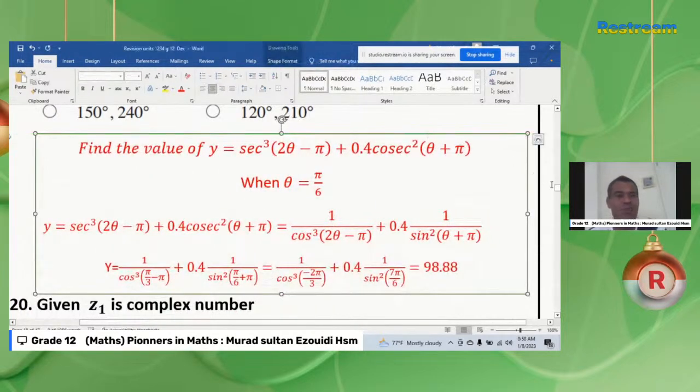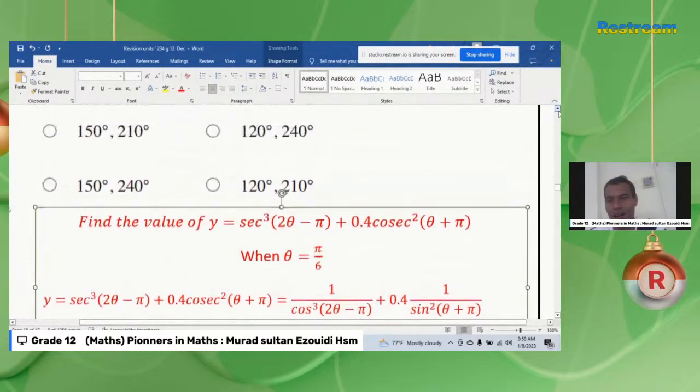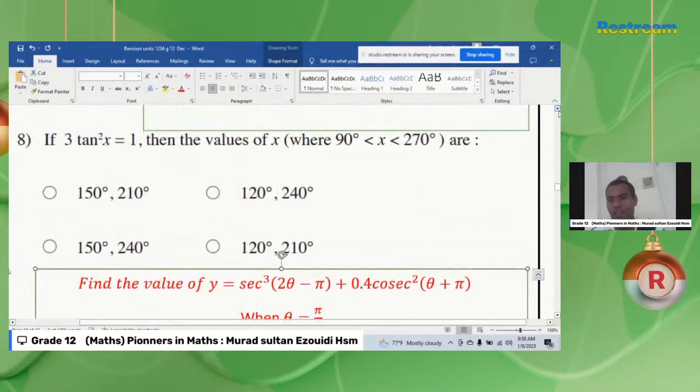This equation, learners, you can see it here, is telling you that if 3 tangent square equals 1, then the values of x, where x is more than 90 degrees and less than 270 degrees, are 150 and 210, or 120 and 240, or 150 and 240, or 120 and 210.